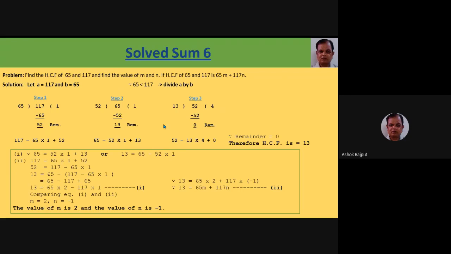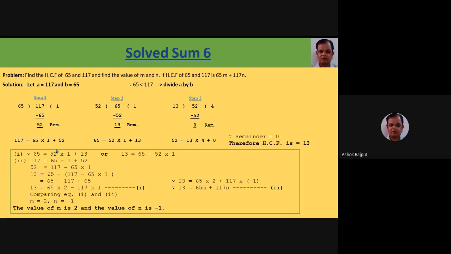Up to here we have found the HCF. But our problem is that we want to find the values of m and n. So we start from the remainder. Since 65 equals 52 into 1 plus 13, we can also write 13 equals 65 minus 52 into 1.